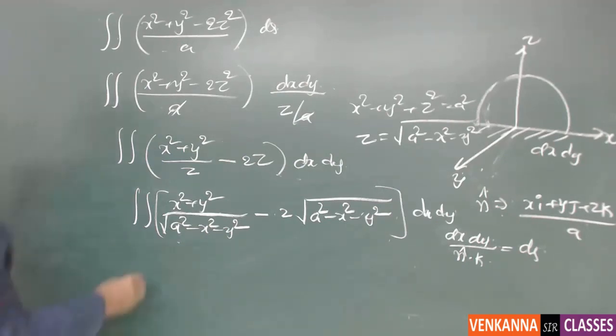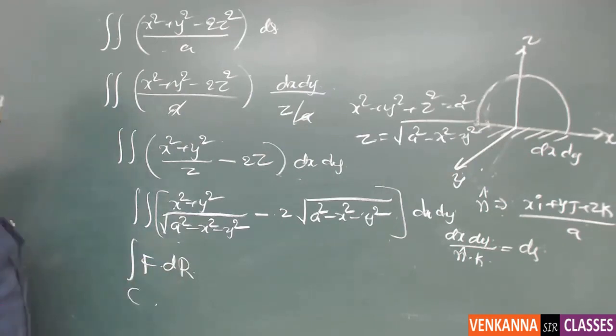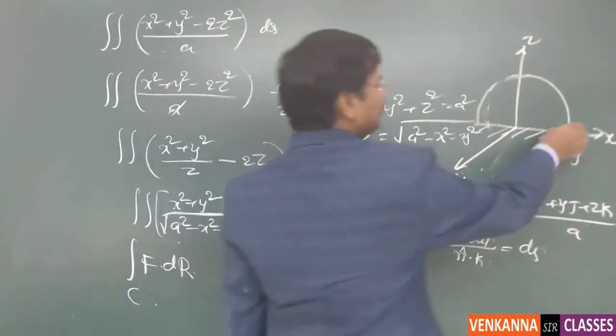So can you try with the line integral format? The line integral F dot dr over the contour C. The contour is this one.